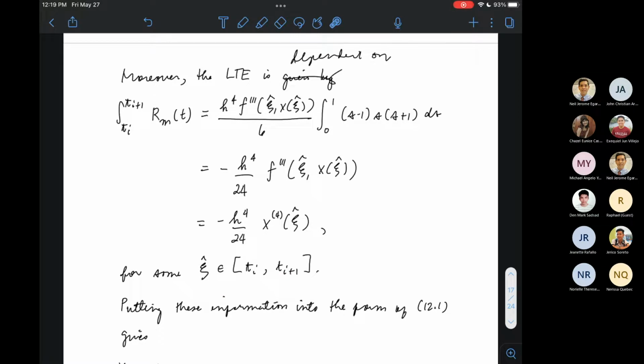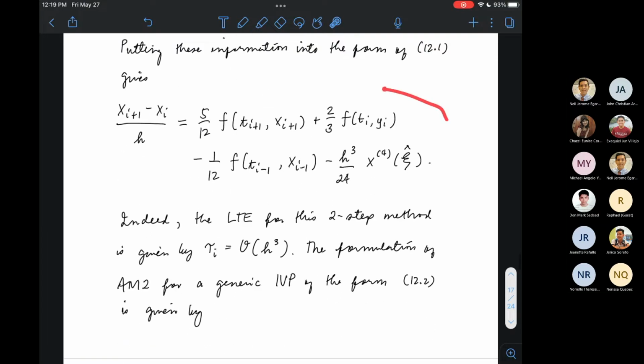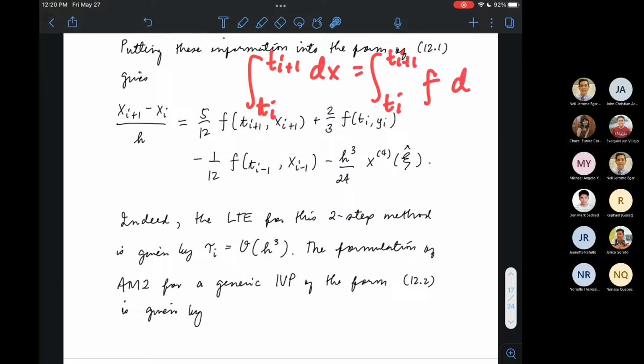So with all of these things known, pwede kong makuha yung equation 12.1 as this one, all right? Kasi di ba pag in-integrate ko, remember, yung dx over dt equals f, so integral from t sub i to t sub i plus 1 ng dx ay equals sa integral ng f dt from t sub i to t sub i plus 1. Alright?